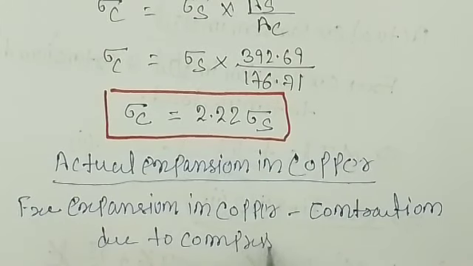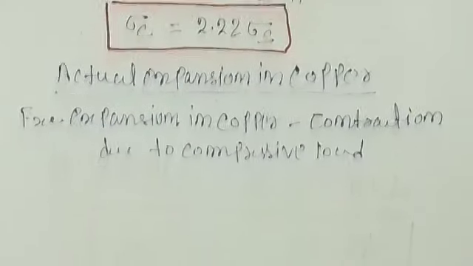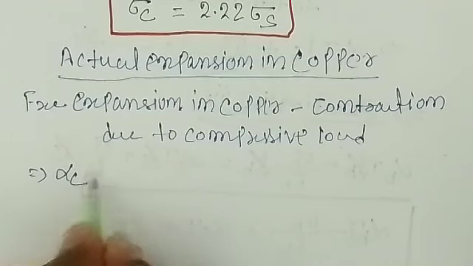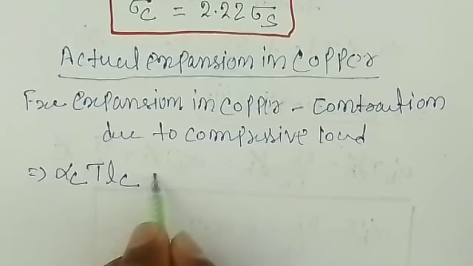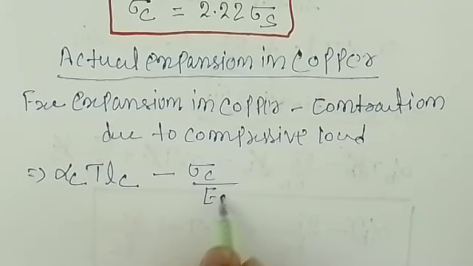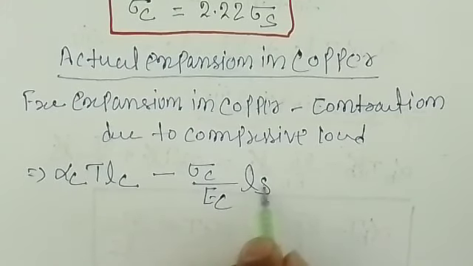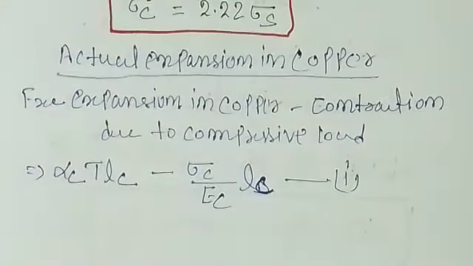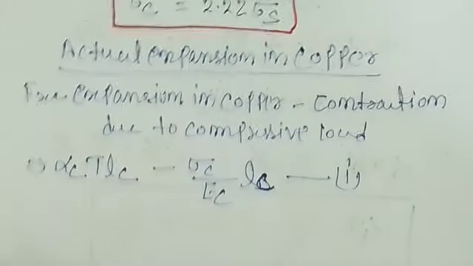And what is the value? You can say free expansion is nothing but alpha c T into Lc, minus sigma c by Ec into Lc. This is equation 1. Then you can find the actual expansion in steel, right?